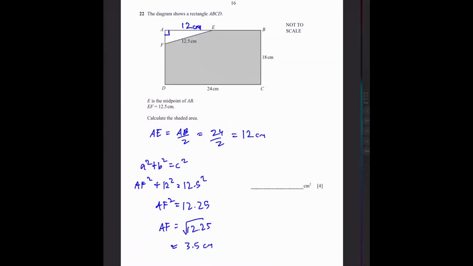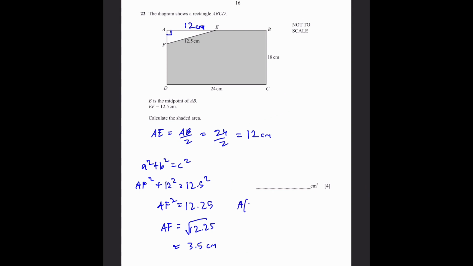Now we can find the area of the triangle. Area of the triangle, that is T, is equal to 3.5 times 12 times half, because the formula is half base times height. That'll be 21 centimeters squared.